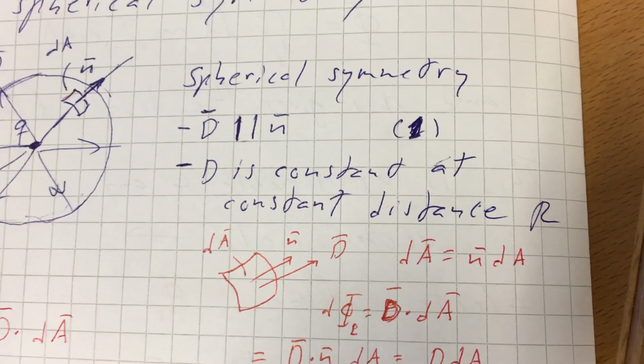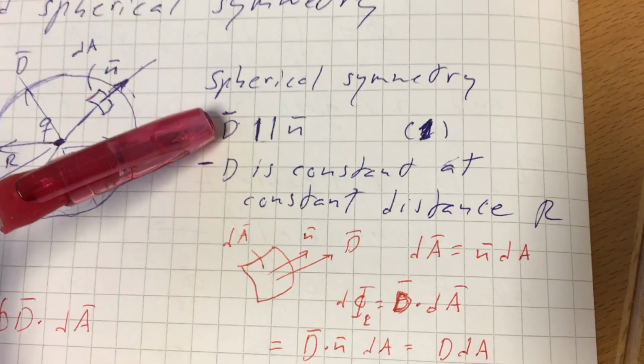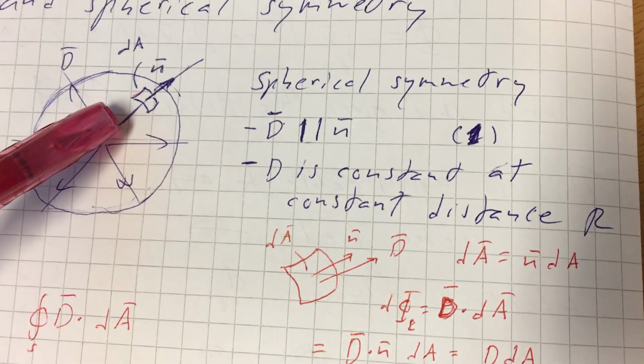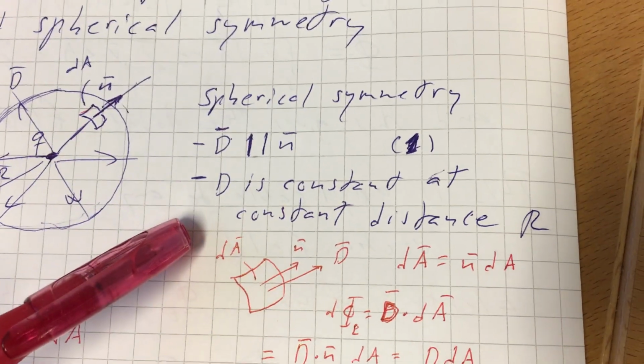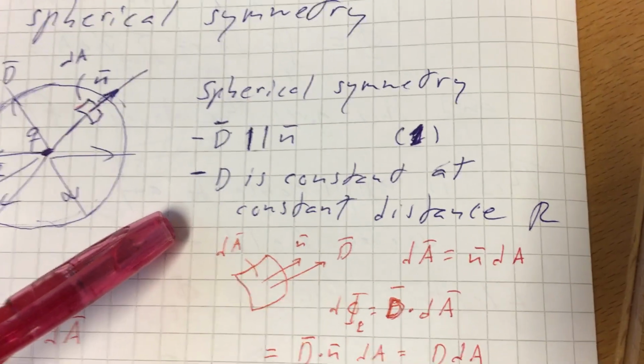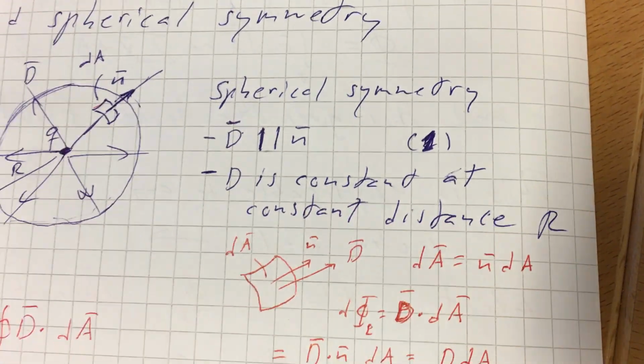So spherical symmetry implies two things. First, electric flux density points in the direction of any surface element, and second, electric flux density is constant, or its magnitude is constant at constant distance r.